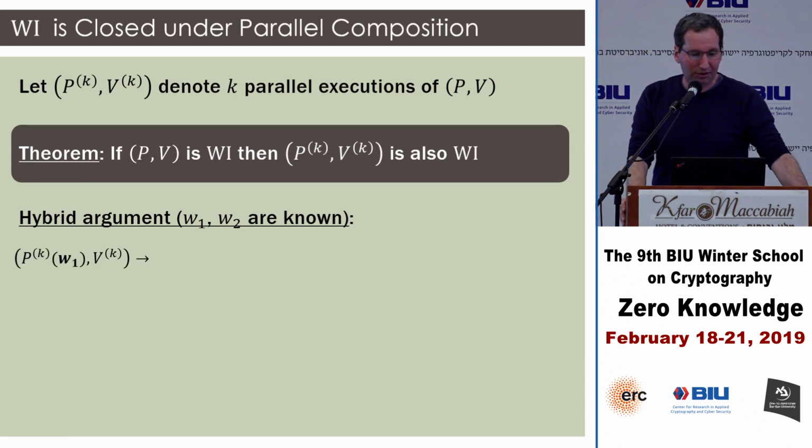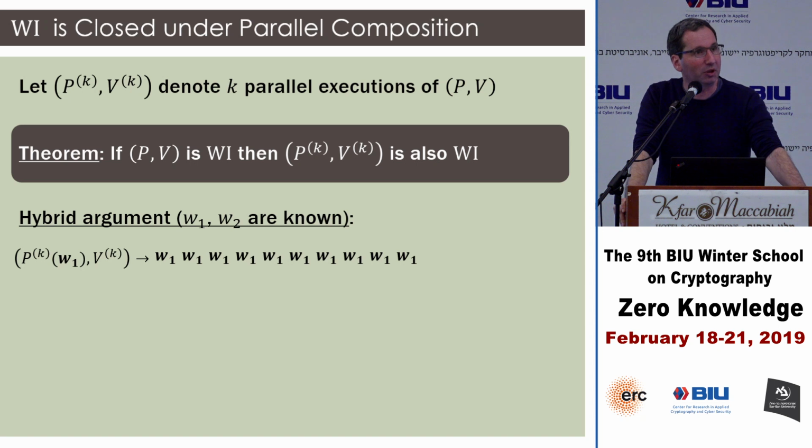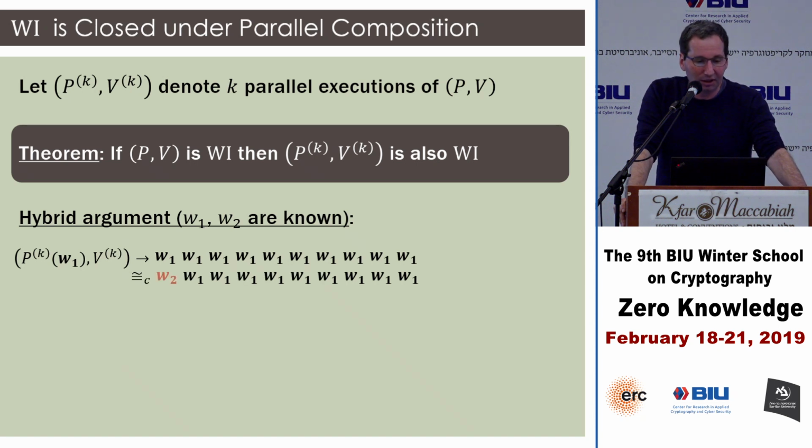So you start with K repetitions of a proof that use W1. These are the repetitions, and I just show you the witness that is being used in each one of the repetitions. Then you switch to K repetitions with the first witness being W2 and all the rest W1, and so on.